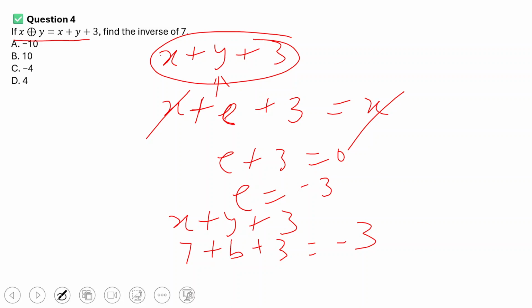Okay, so this minus 3 is the identity. Remember that I said you put the operation on this side and you put the identity on this side.